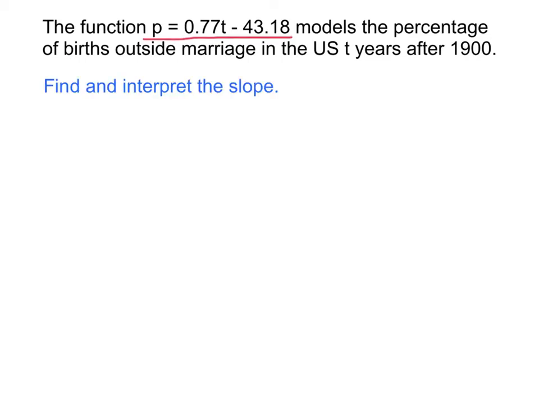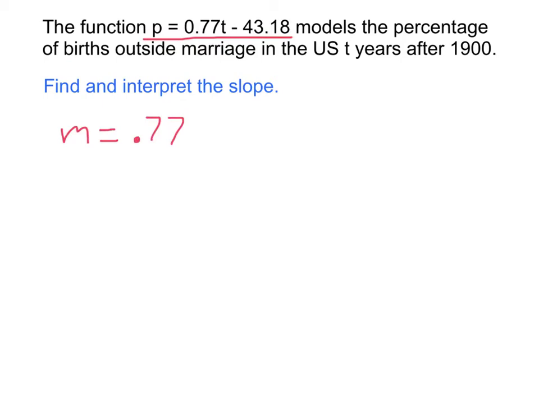Now, this model is of the form y equals mx plus b. Okay, so the slope is that number m, which would be 0.77. So we'll write that down as the slope, m equals 0.77.